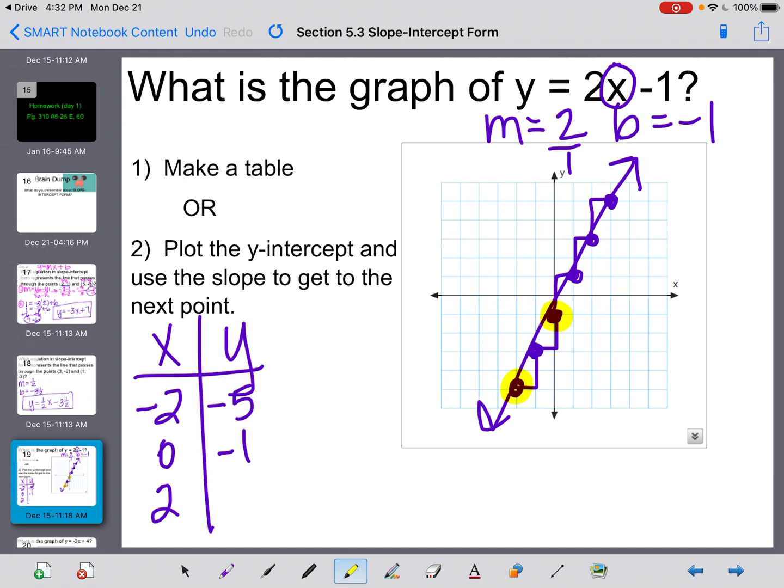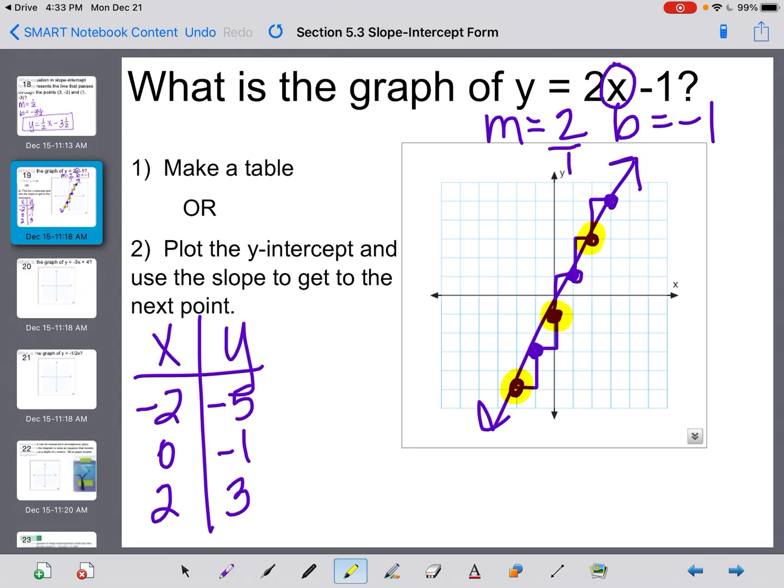So I go over 0, down 1. That gets me this point. If I plug in a positive 2, that gets me 3. So I should be able to go over 2, up 3, right there. All right, so either way, you'll get the same graph, whichever way you prefer.